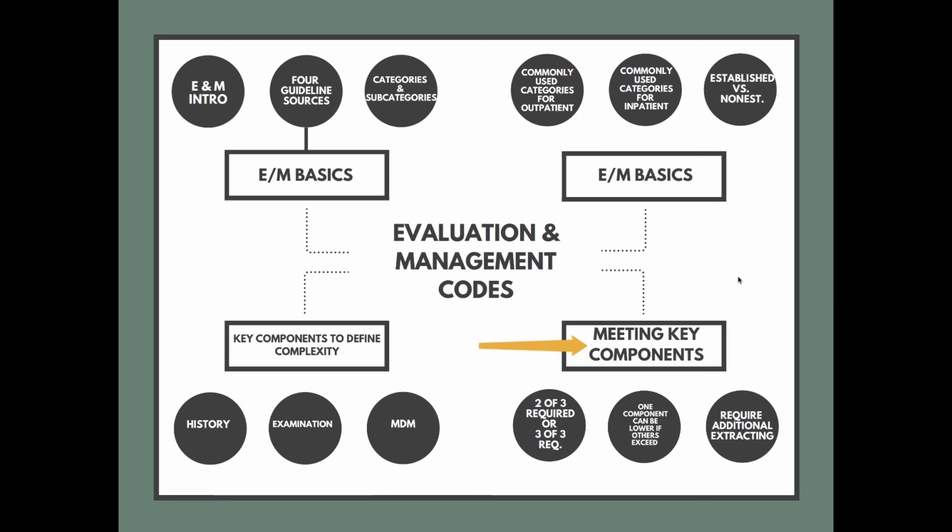This is accomplished by following detailed instructions in the 1995 and 1997 documentation guidelines. So remember that you can always refer back to those 95 and 97 documentation guidelines to help guide you through the code selection process, especially in this E/M section.